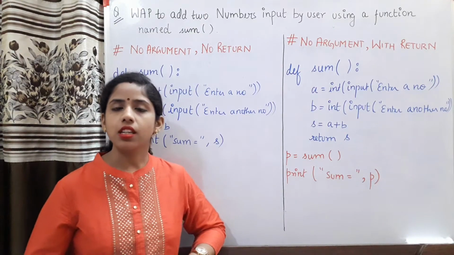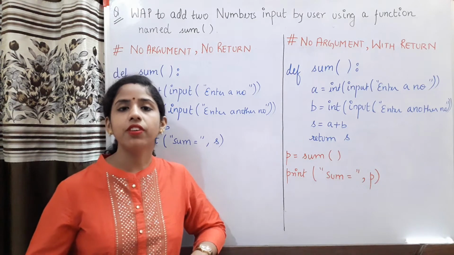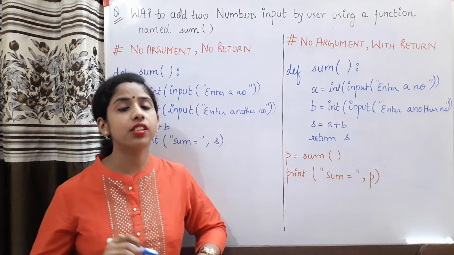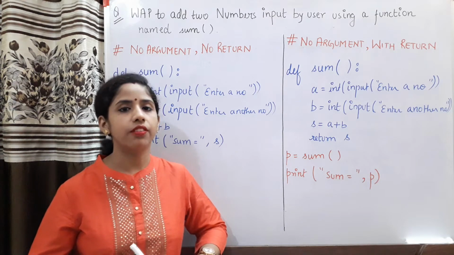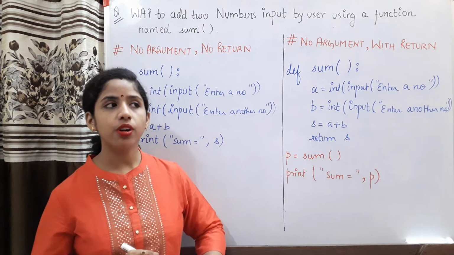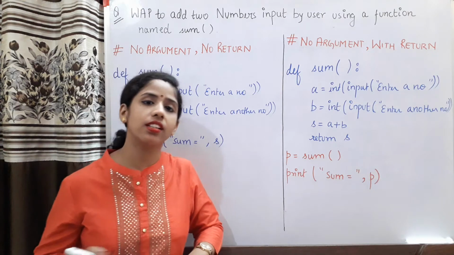Children, understanding these four styles of writing a function will be very easy for you if you relate it with some real life example. So I am taking up an example from real life here, and we'll connect the working of the four styles of writing the function with that example.